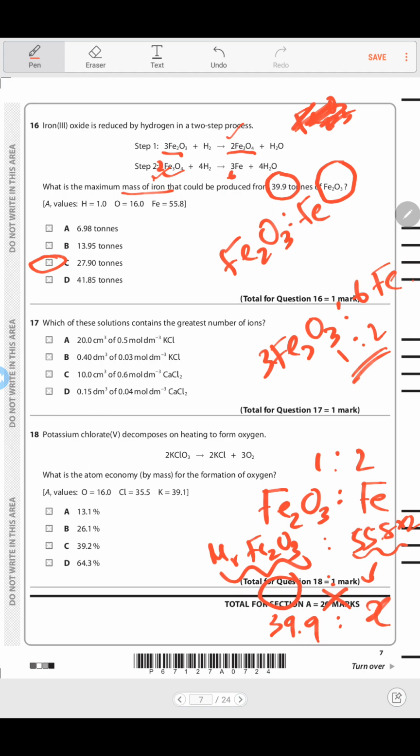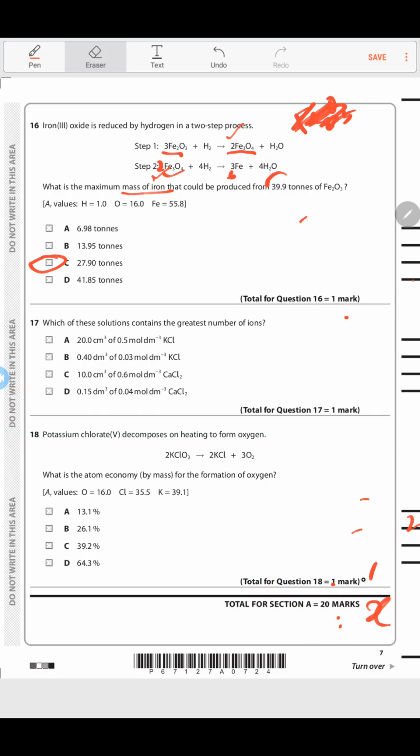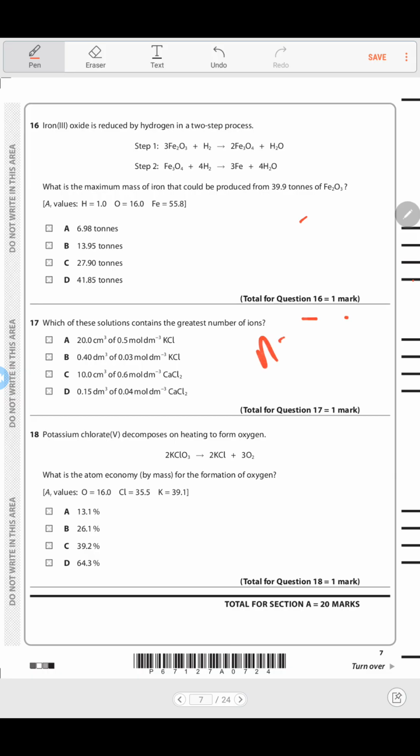Question number 17 is about calculating ions. What we have to do is use n equals CV to get the number of moles. I'm erasing this, I need some space guys. n equals CV to find the number of moles, we all know that equation.